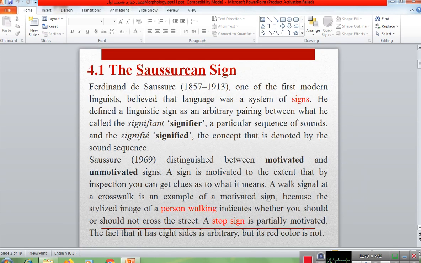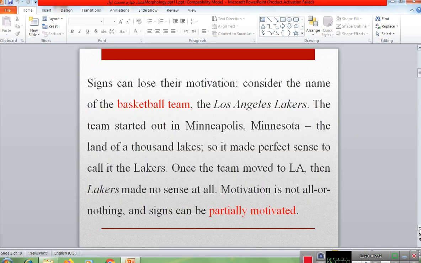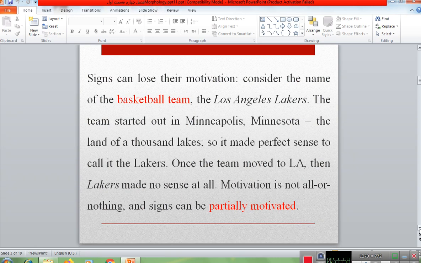First, I defined the Saussurean sign, the signifier and the signified. As I told you, we have two kinds of signs, motivated and unmotivated. The motivated signs are those for which we can determine the meaning of the sign based on the form, but for unmotivated signs, we cannot determine the meaning based on just the form of that word.